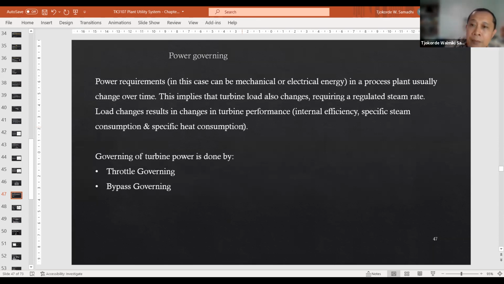Jadi kebanyakan mesin 4-silinder kendaraan bermotor, mobil terutama, itu efisiensi termodinamiknya paling tinggi di kisaran 3000 rpm. So the maximum thermodynamic efficiency of most gasoline engines, not diesel engines but gasoline car engines, is typically in the 3000 rpm range, usually between 2000 and 3000 rpm.